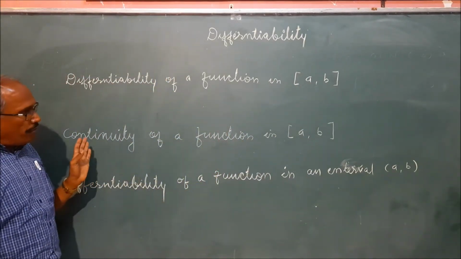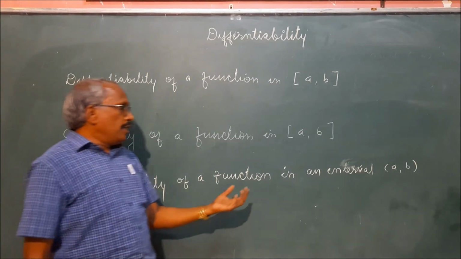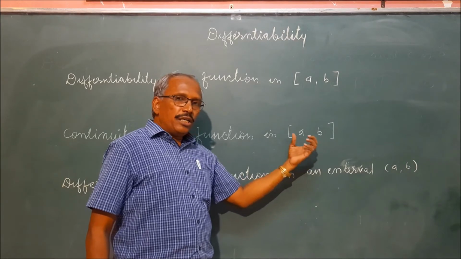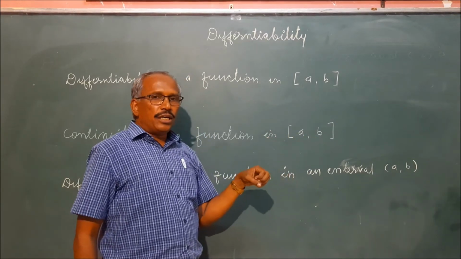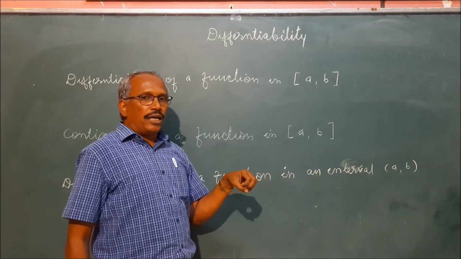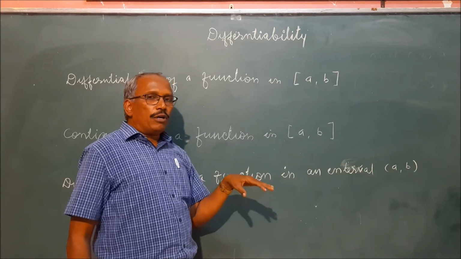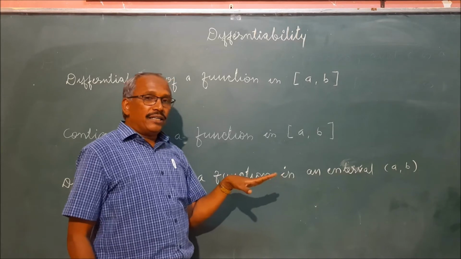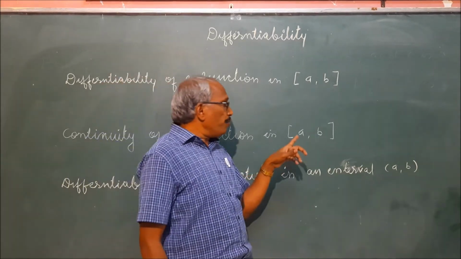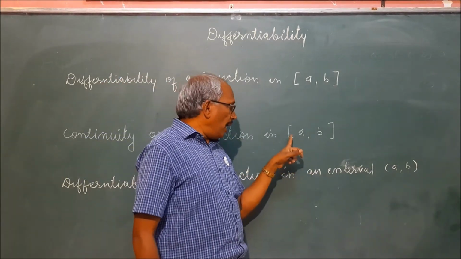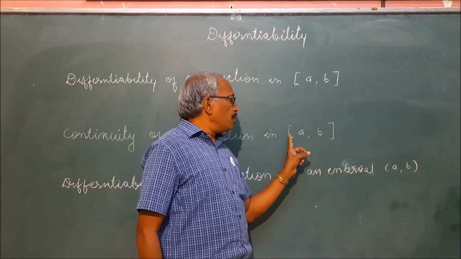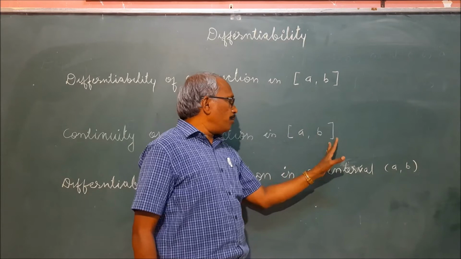Continuity of a function in a closed interval a comma b means the given function is continuous at every point of the closed interval, and it is also continuous at the end points a and b of the closed interval.